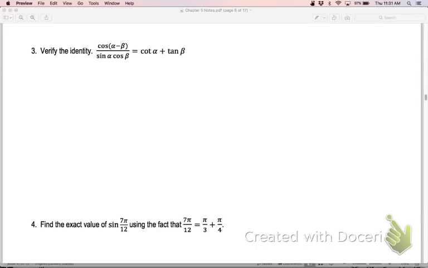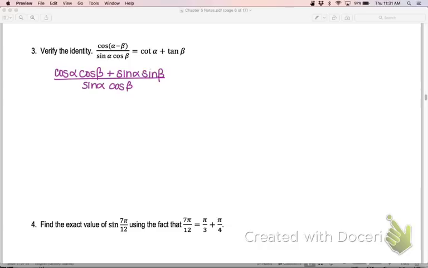First thing is, let's substitute out for that difference formula there. So cosine alpha minus beta would be cosine alpha cosine beta plus, because the sign is opposite, sine alpha sine beta. And that's all divided by sine alpha cosine beta.